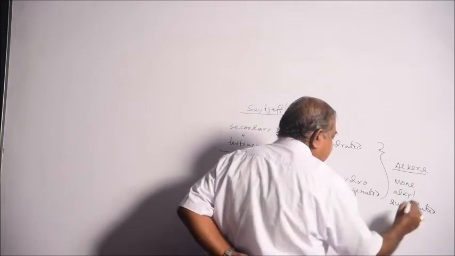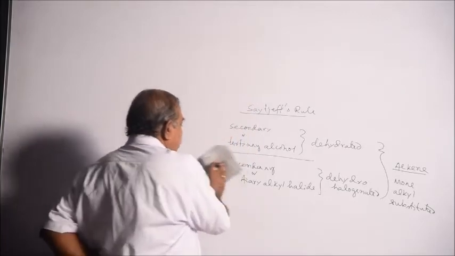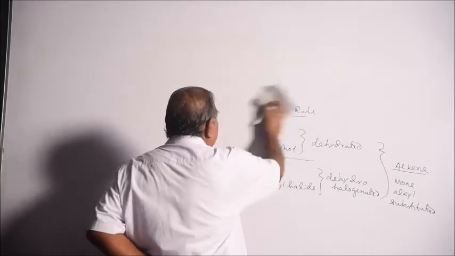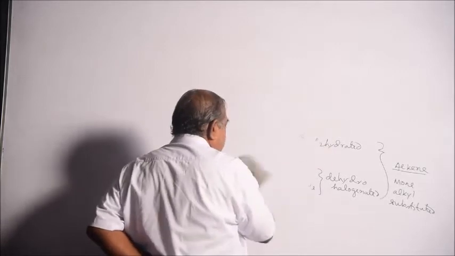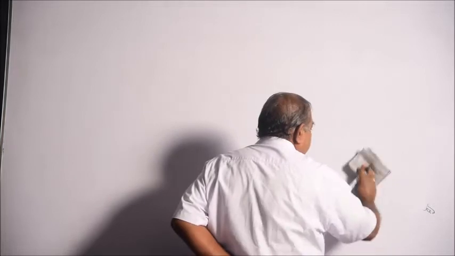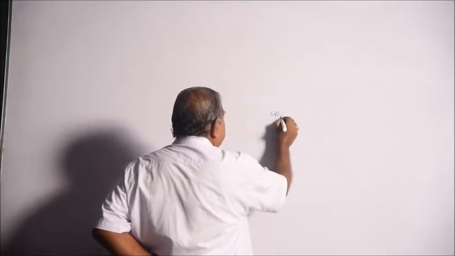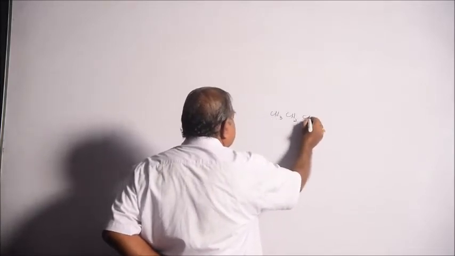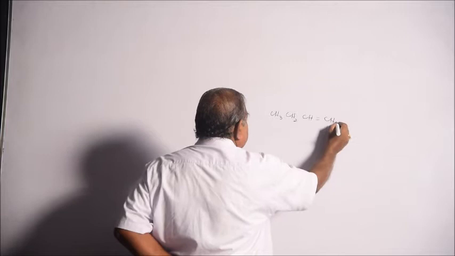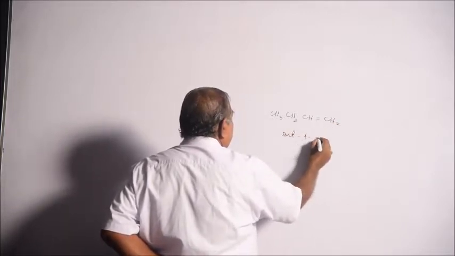I have given you an example in case of 2-butanol or 2-haloalkane, you can get butene. We have already discussed it. This is 1-butene.